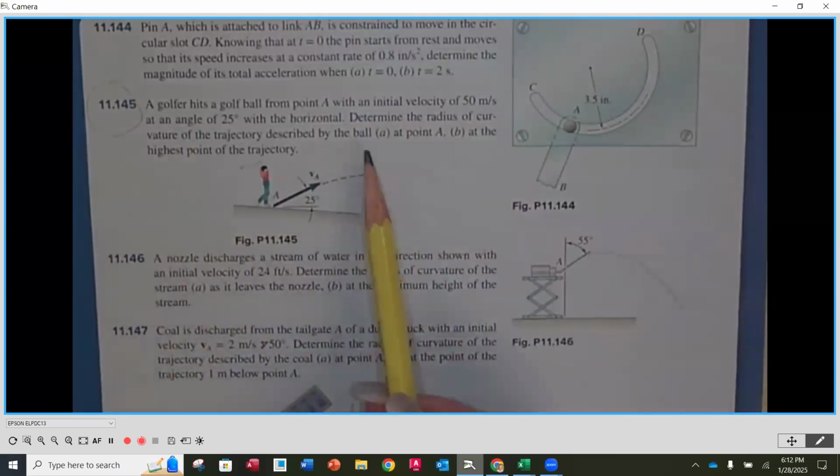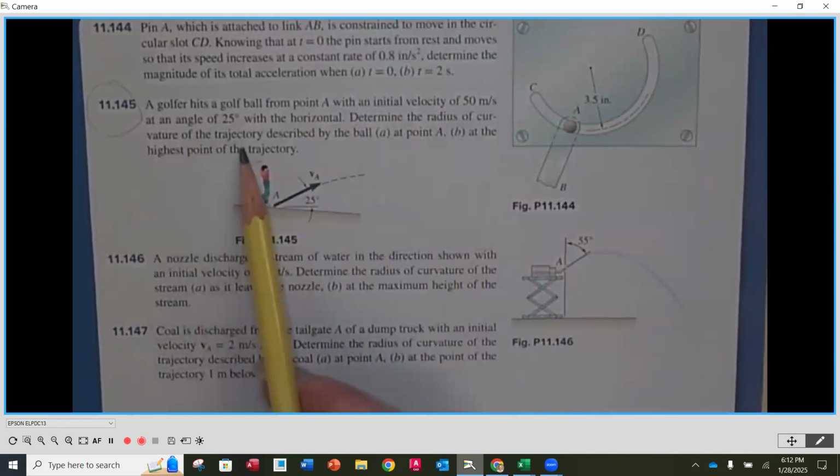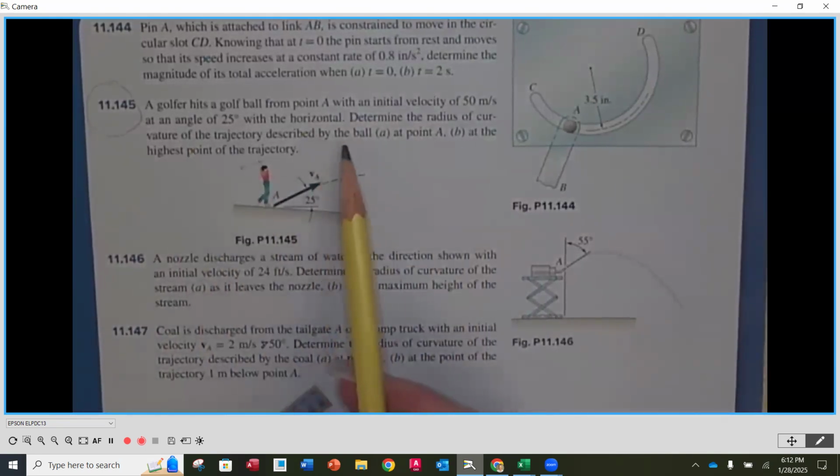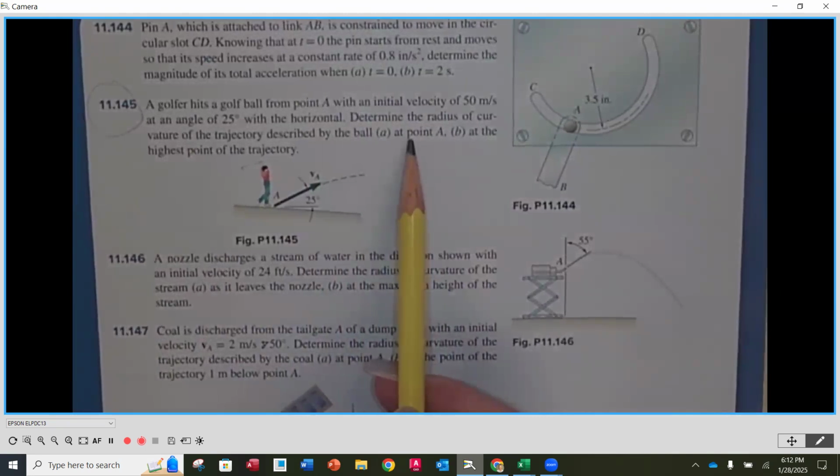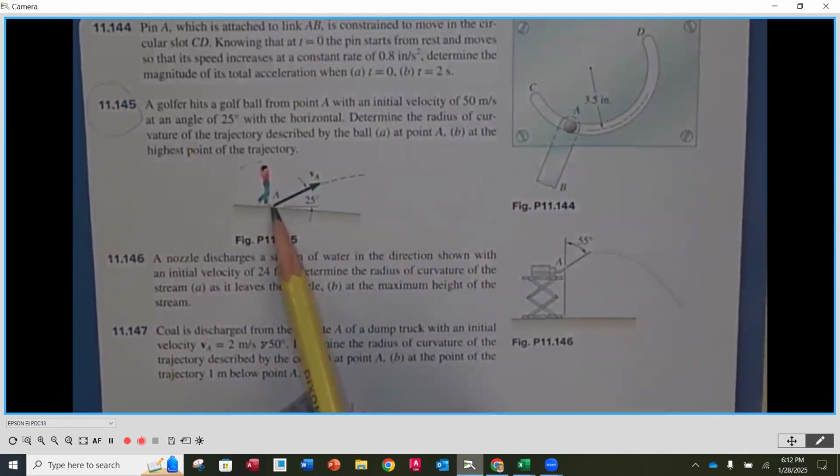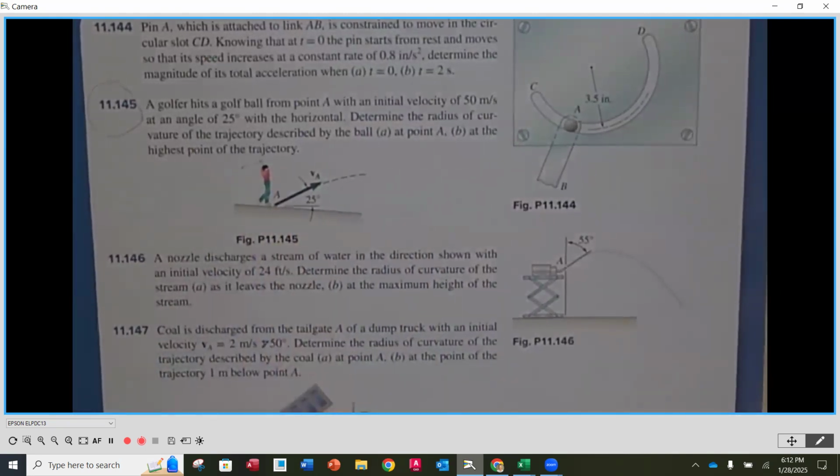Gives you the initial velocity. They want you to determine the radius of the curvature of the trajectory described by the ball at a point A, okay, right here at the start, and at its highest point on the trajectory, okay? So that's the third problem that you would have.